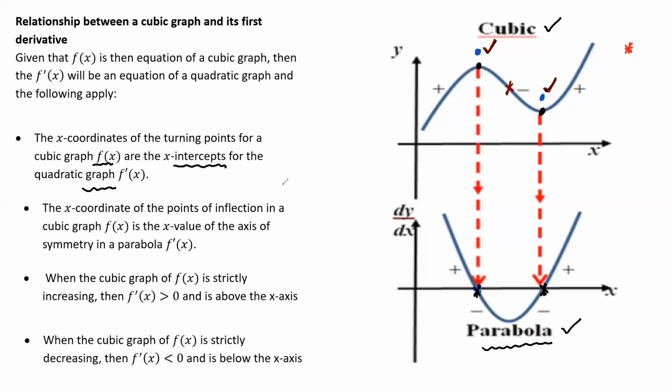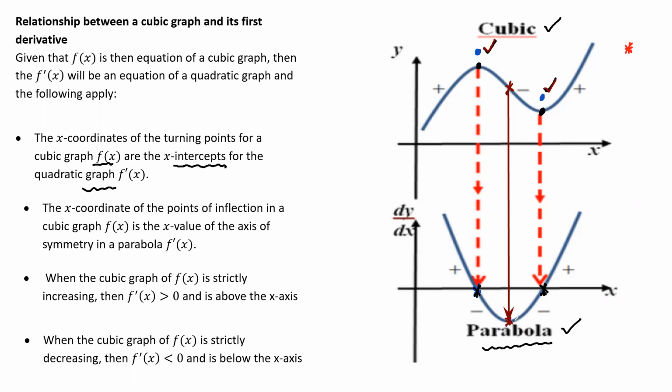This x-coordinate of the point of inflection is actually the x value of the turning point of the parabola. So if you have your x-coordinate of the point of inflection somewhere here, then that x value is actually your x-coordinate of the turning point of the parabola.